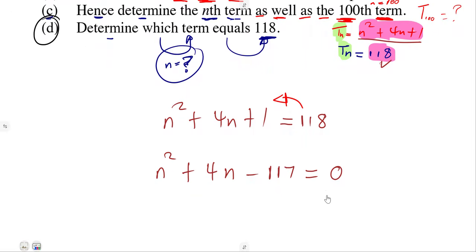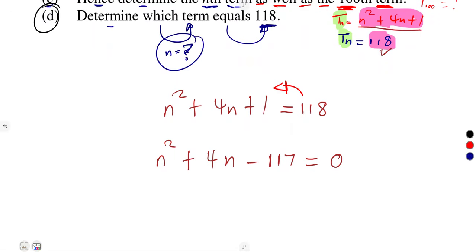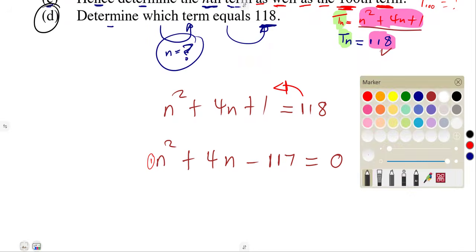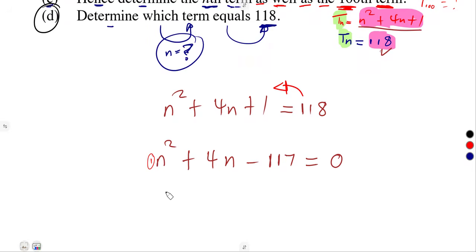Since we have got the coefficient of n squared being 1, we can just try to work it out with factorization. If we've got a 1 here, this is just going to be n, and this is going to be n. n times n to give us n squared.